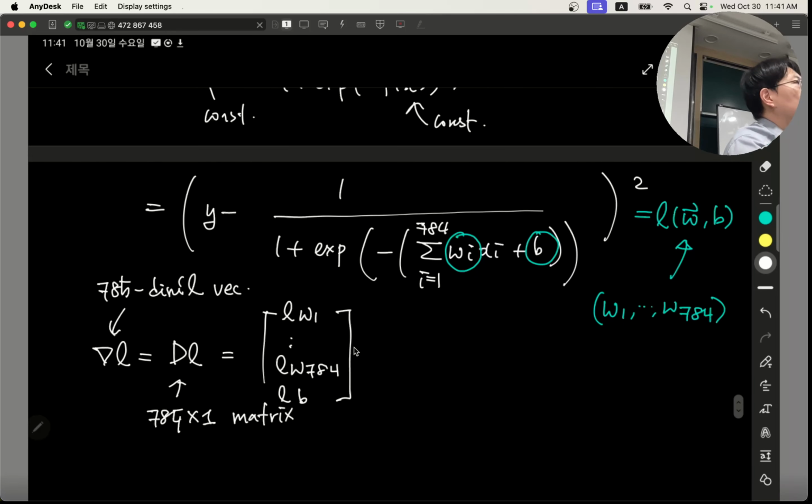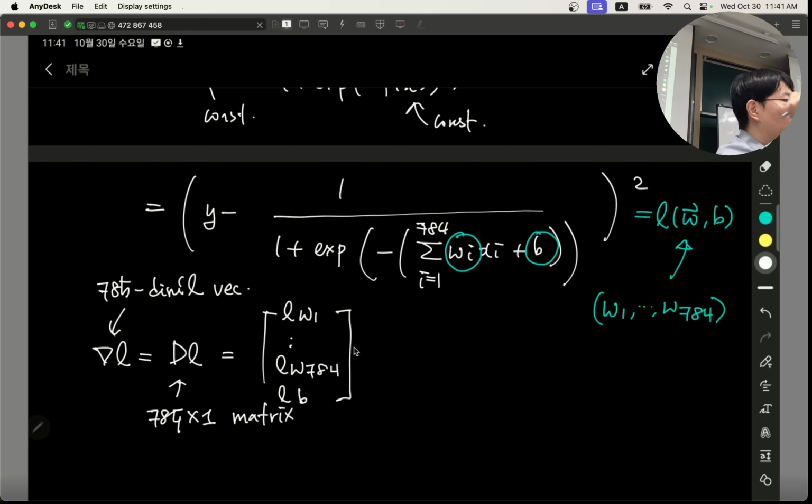So now, how could you take the partial differential of this many variables? This might not be that complicated, but if you have lots of layers, which I will introduce later, then taking the partial differential of this complicated function is way too complicated. It takes too much time.